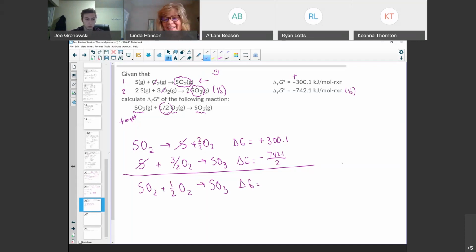We just add those two together. My first one, 300.1 as a positive, reverse the direction, plus negative 742.1 over 2, cut in half, and I think that's negative 70.95.